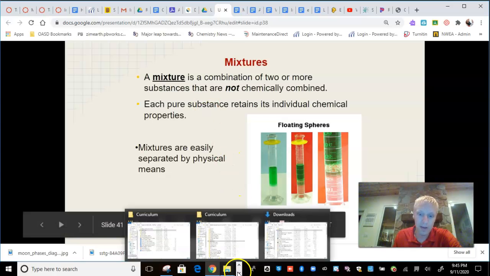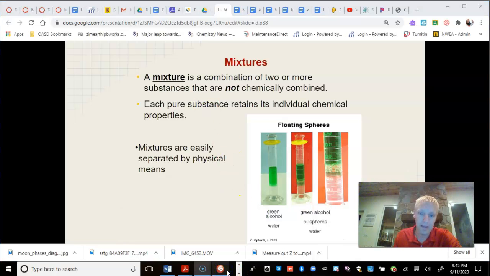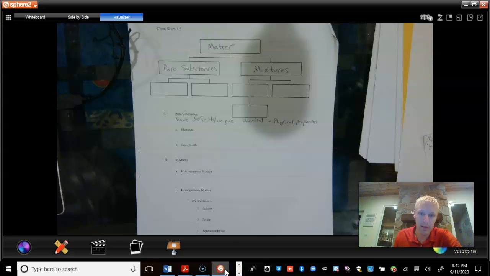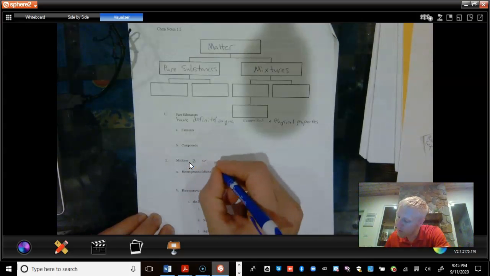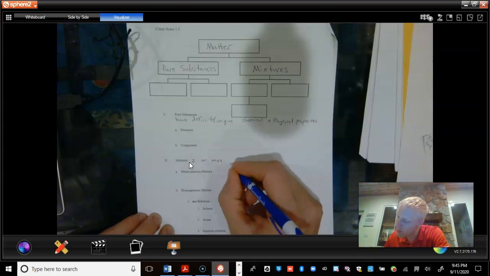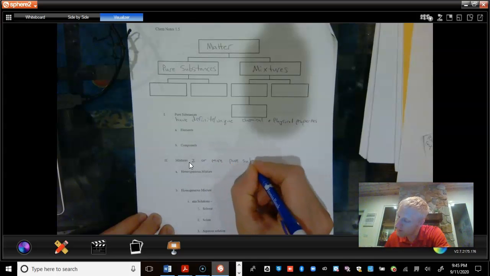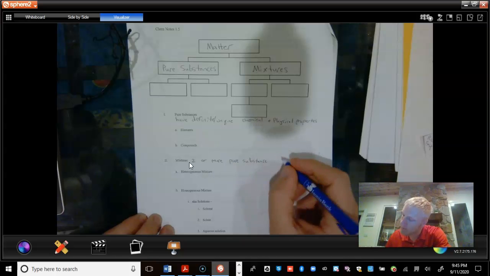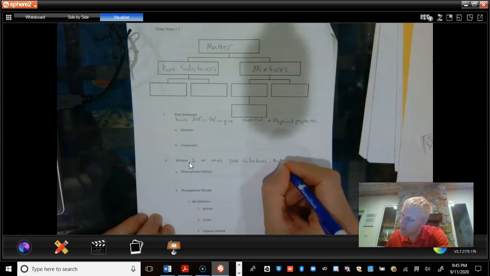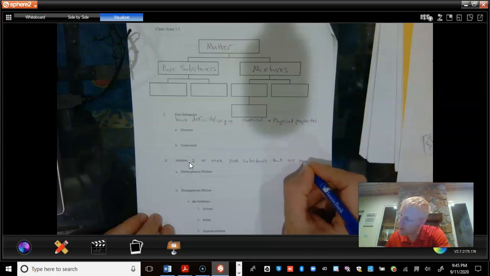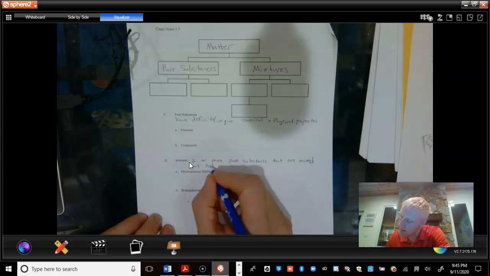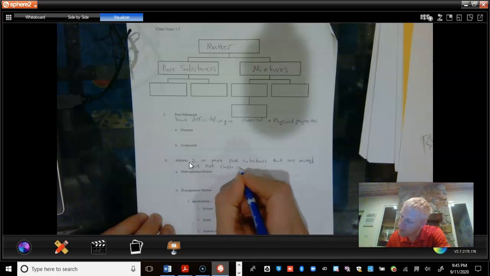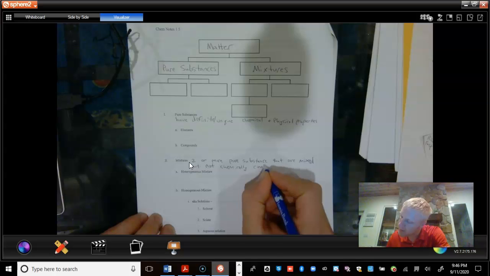So, we look at this little page right here. We got mixtures, 2 or more pure substances that are mixed but not chemically combined.